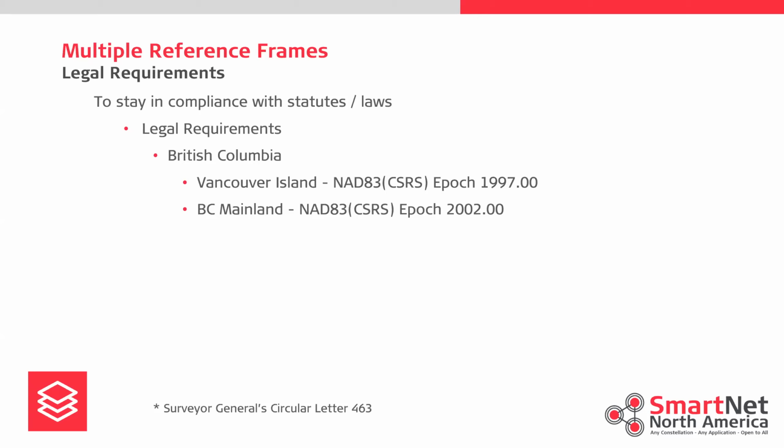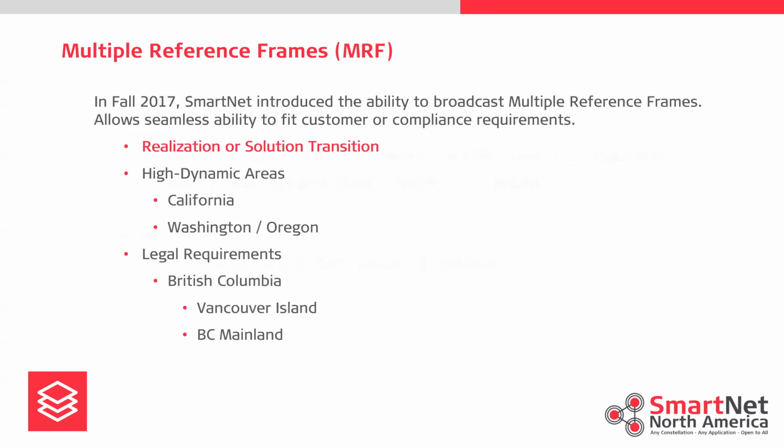Those remain just as they are because that is the solution and EPIC that is required. So those are available with those stations. Now, if any new stations are brought on, we can attach the EPIC to it, but we can't get back to the particular solution that these are referenced to. So it'll be CSRS EPIC 1997, EPIC 2002 in the current solution, just a different EPIC. But we're not touching those.